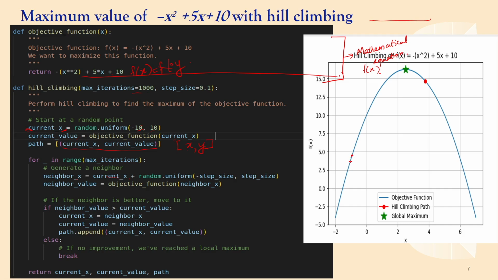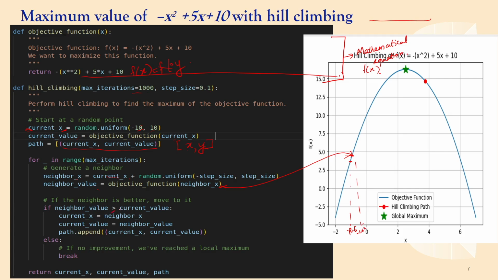If I start around minus 1.6, the next point would be minus 1.62. So 1.62 is the x value, and from the x value we calculate the f of x value at this line. That is the neighbor value.